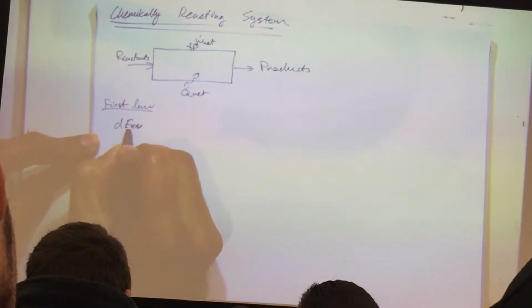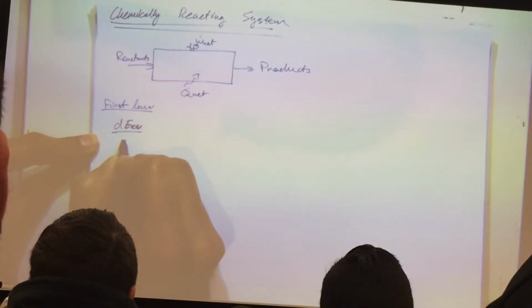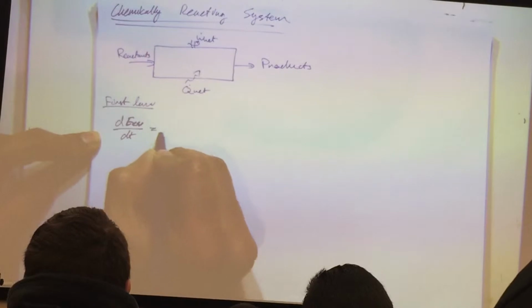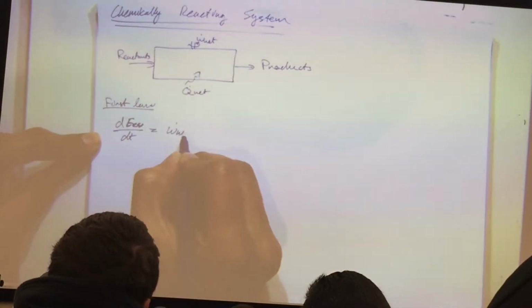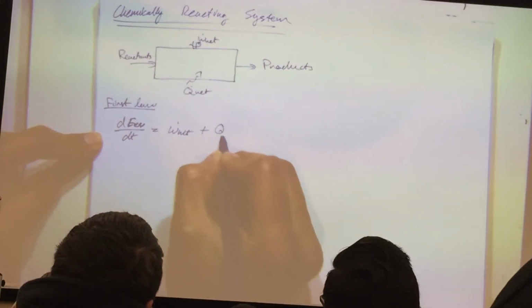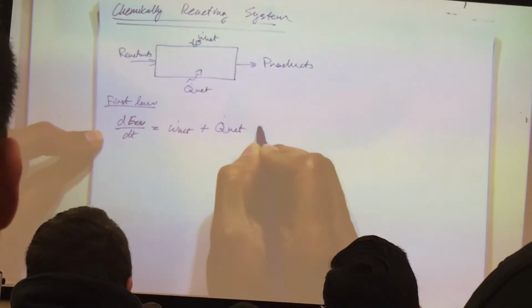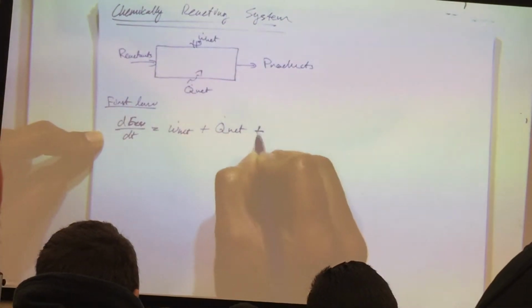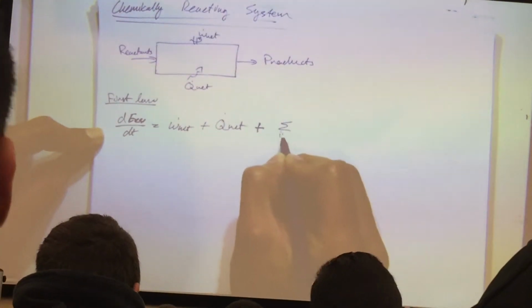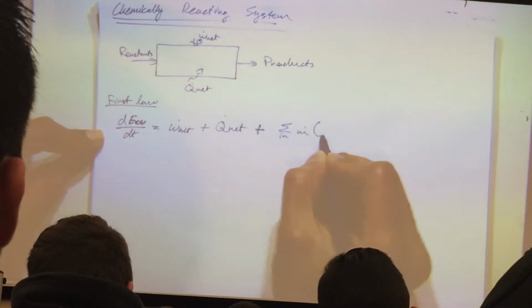Rate of change of energy over the control volume is equal to W net plus Q net plus the summation of in and out.